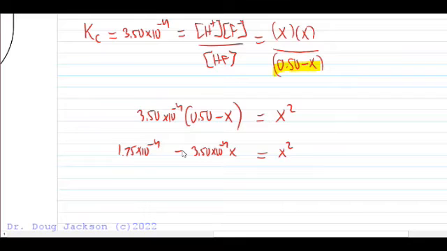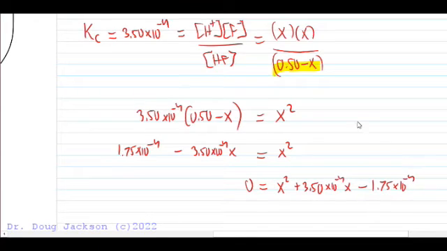Now, to solve a quadratic equation, we've got to set that equal to 0. Subtract our constant from the left, add our X term times 10 to the minus 4, and then finally subtract away our constant so that we set it up equal to 0.